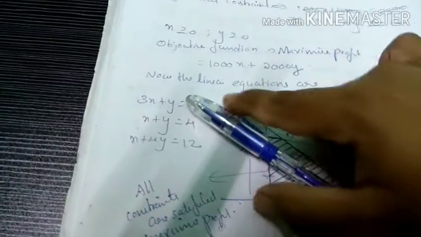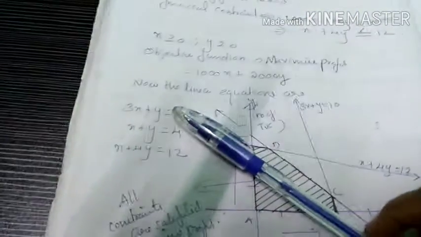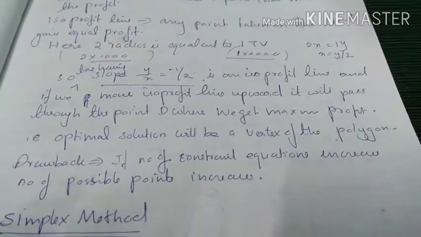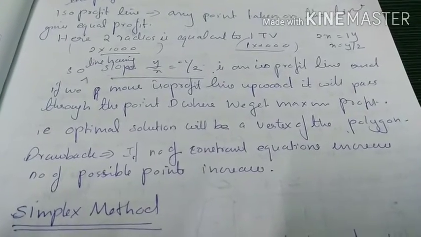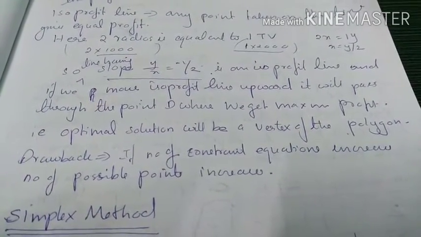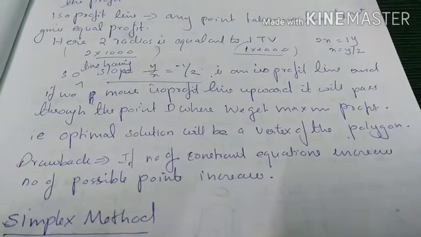Any point on this isoprofit line maximizes the profit with the equation of financial constraint x plus 4y less than or equal to 12. So the point D where we get maximum profit, that is the optimal solution, will be a vertex of the polygon.